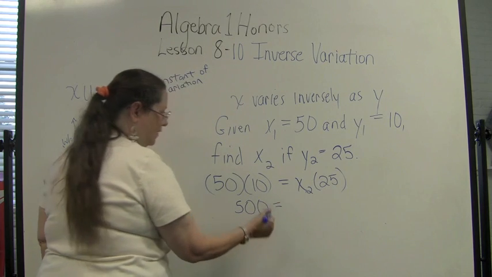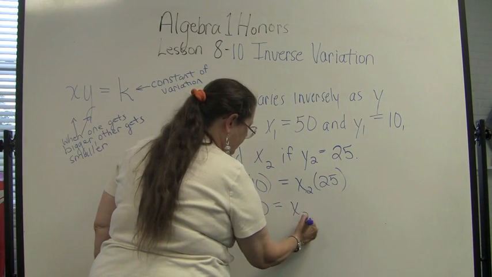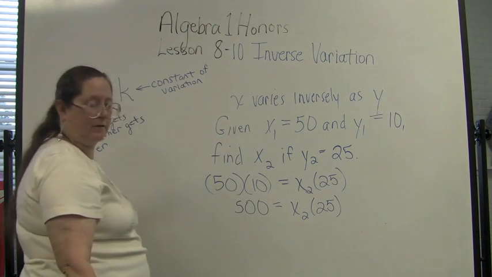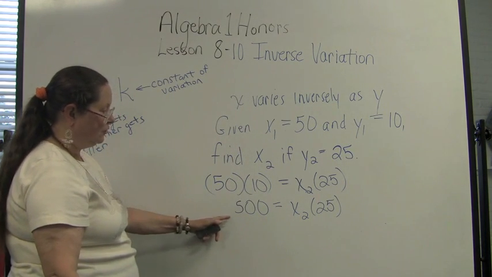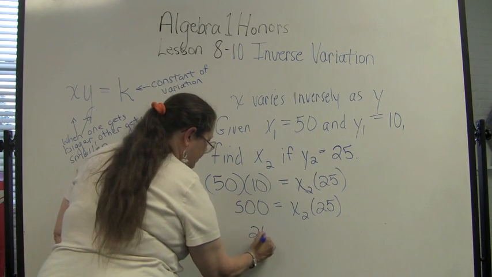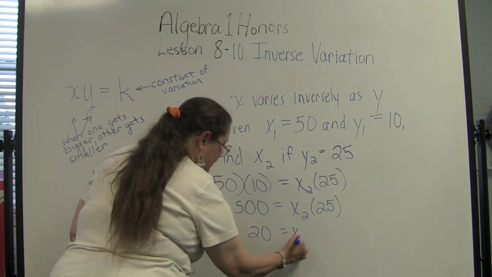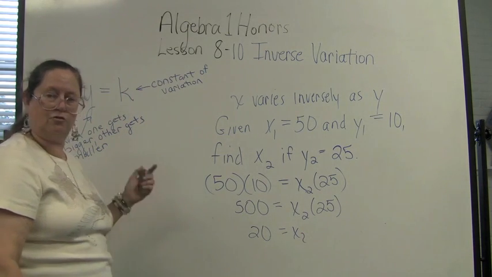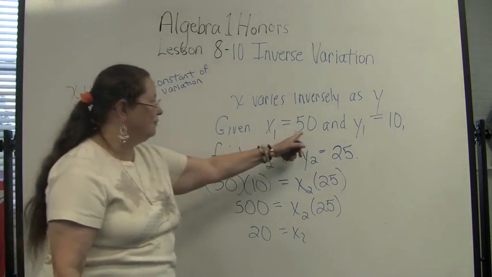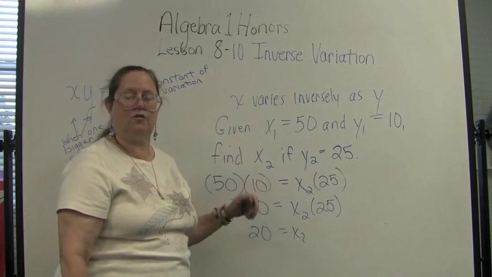So now I have to find X2 times 25 gives me 500. So I divide both sides by 25, and it turns out that X2 is 20, because 20 times 25 is 500, just like 50 times 10 is 500.